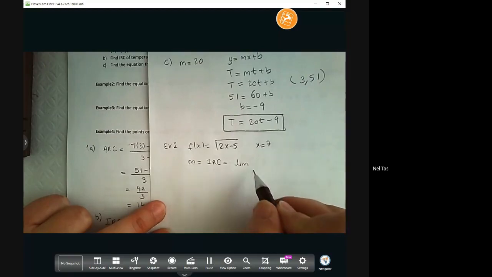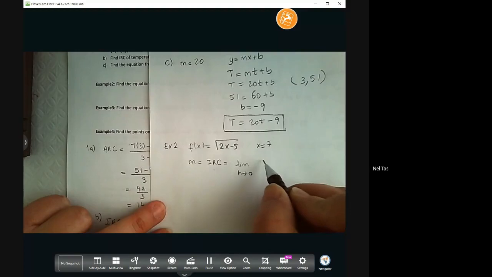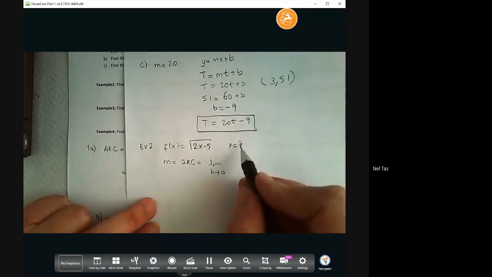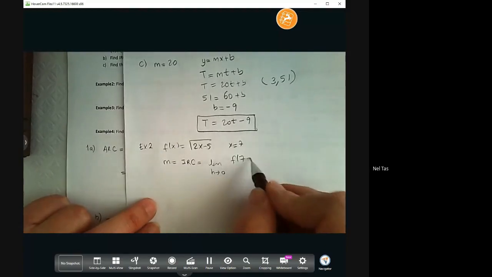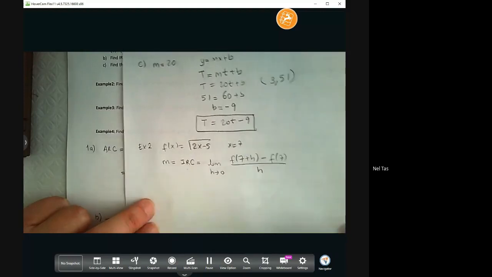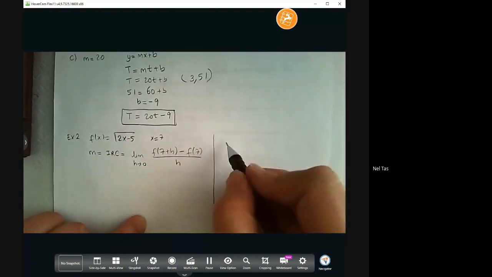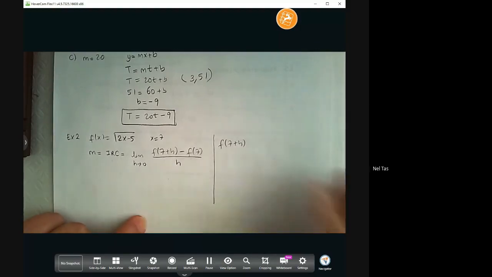So that is then limit as h approaches 0, f of a plus h, in this case a is 7, so f of 7 plus h minus f of 7 over h. Okay, so I'm going to do this work on the side again. So first let's calculate f of 7 plus h. Don't try to substitute the values in the limit and then calculate it there. It's going to get confusing. Do this work on the side.